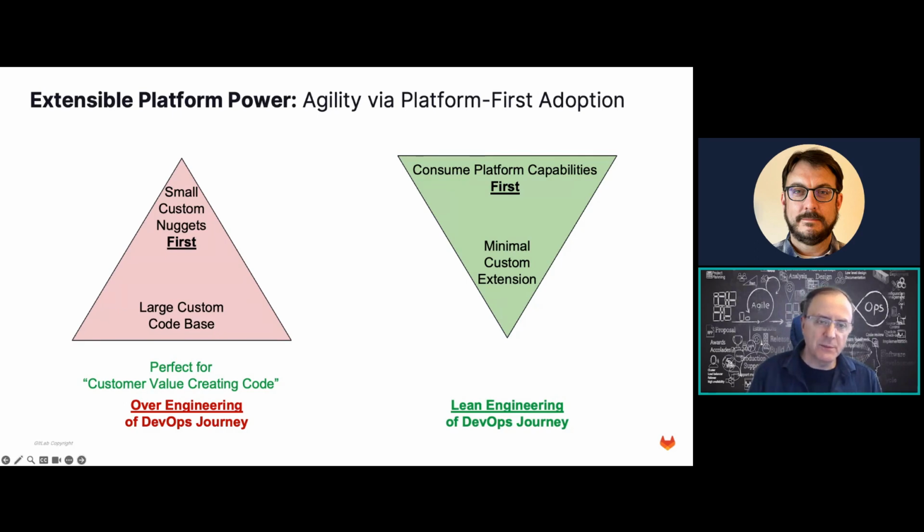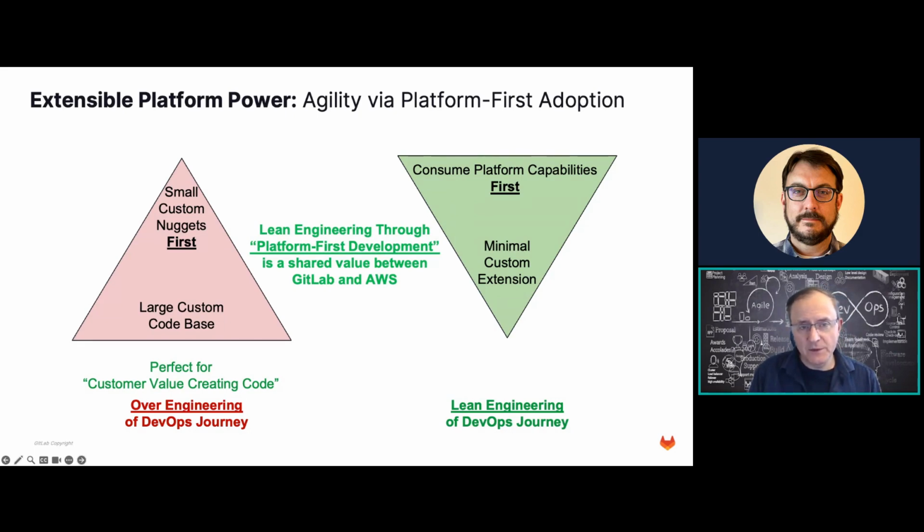And lean engineering is beneficial to both small organizations and startups, as well as to those who are trying to do digital transformation and get back to a focus on customer value at all times, including in their software development. And so this is really a shared value between GitLab and AWS, is that we take a platform first development approach, and we also try to provide you with platform bits and pieces that can do the same for you. So that's just an aspect of how we're platforming and how platforming applies to GitLab and how it might benefit you.